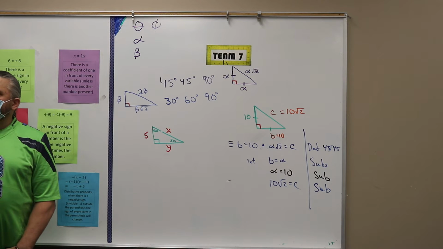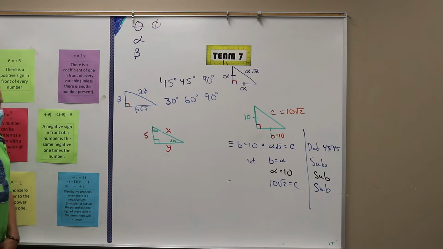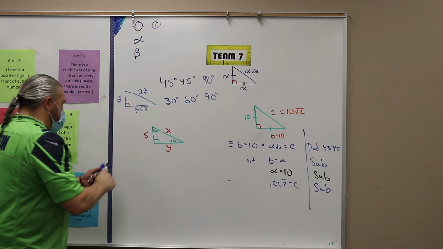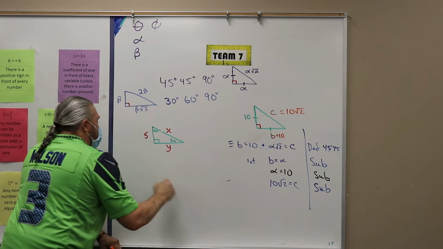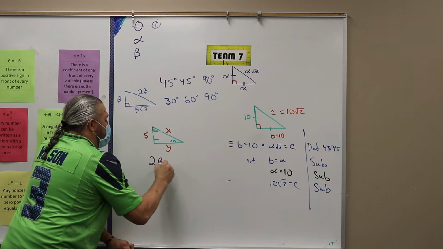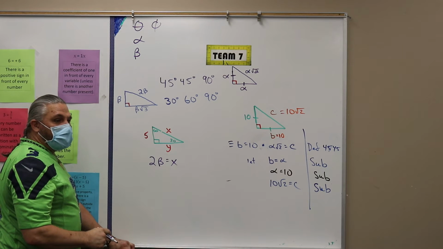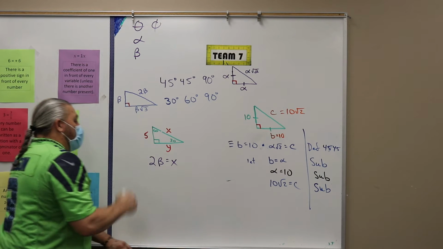Now, this one's a little harder, because we have two different types of formulas. The first formula is 2 beta is equal to x. What does beta equal?